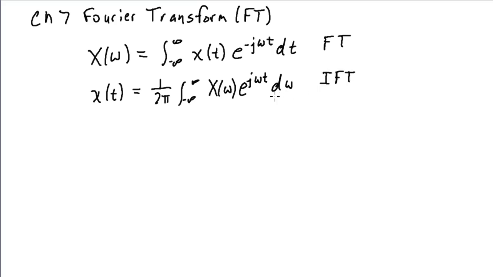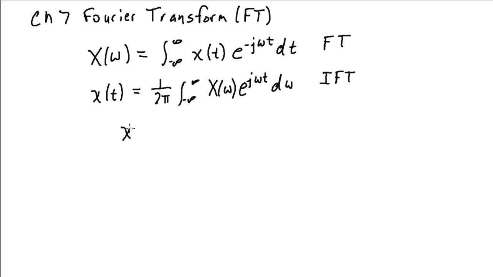Notice, unlike with the Laplace transform, which involved a contour integration to do the inverse Laplace transform, we can calculate an inverse Fourier transform with just a regular integration. But we will still have a table of transforms that we will refer to quite frequently.